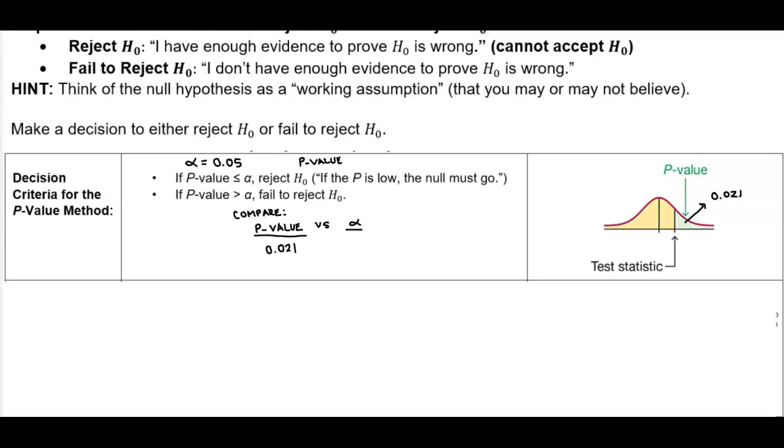And then the significance level which was given is 0.05. Okay, so when we compare that, we can see that the p-value is less than that. If this value is less than that, then we would say that we would reject the null hypothesis.